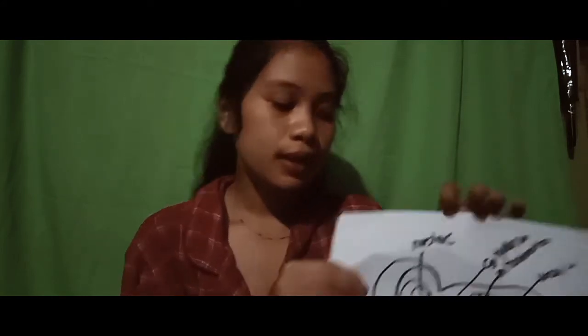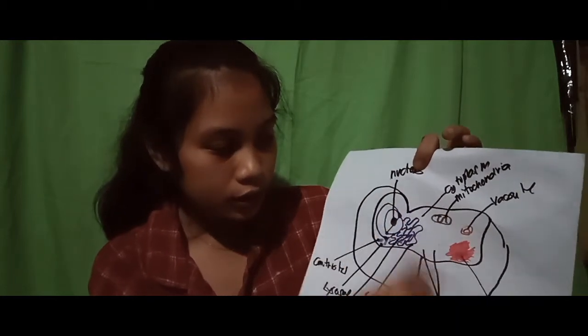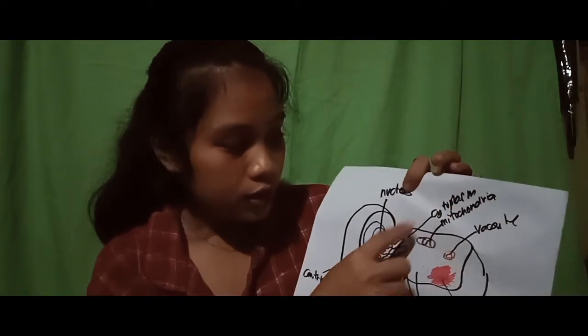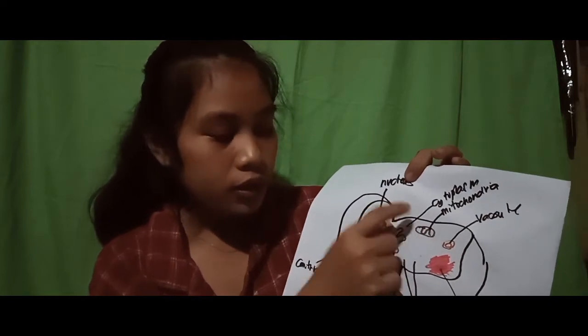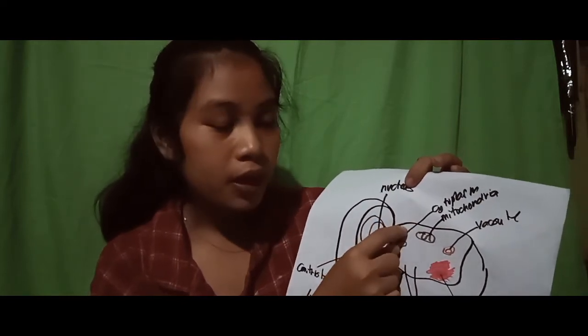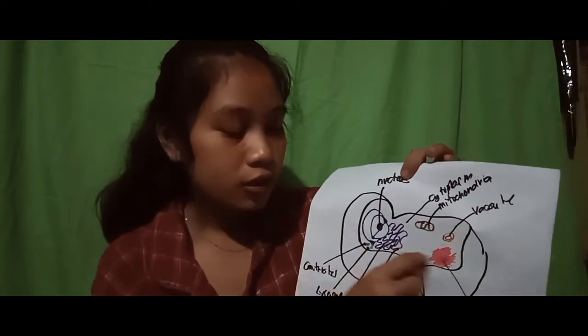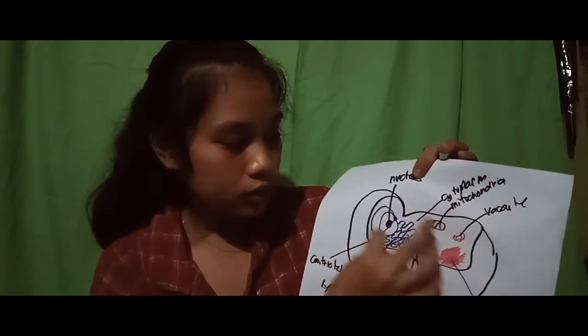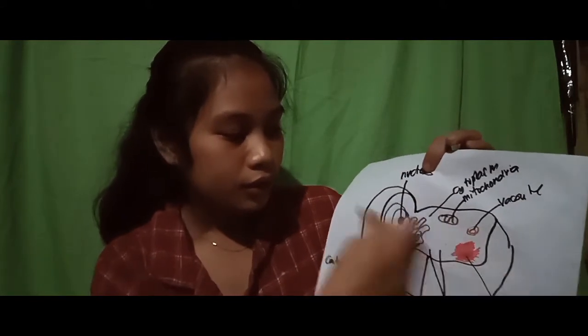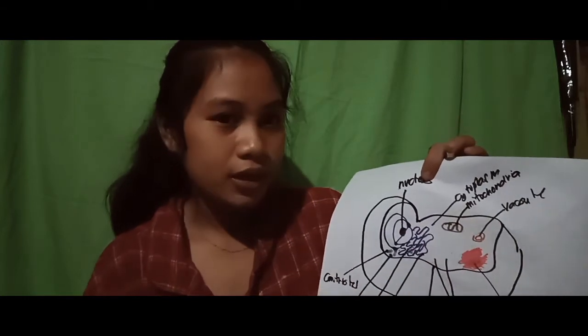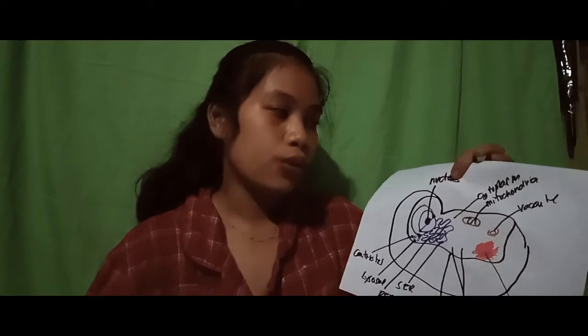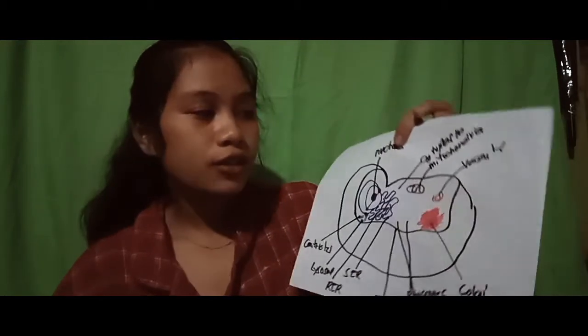So in the cell, the cytoskeleton is inside the cytoplasm, and it helps the framework inside the cytoplasm, and also the movement of the cell. The cytoskeleton is also responsible for it.